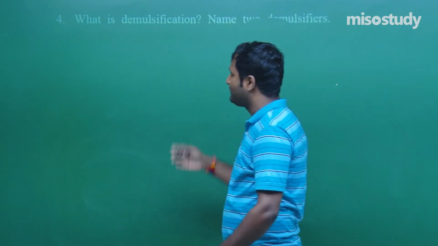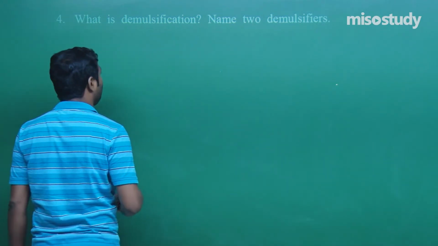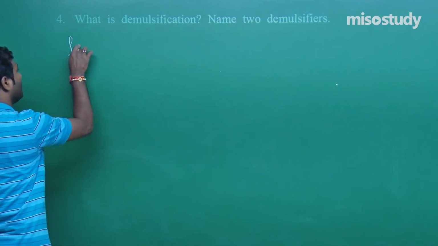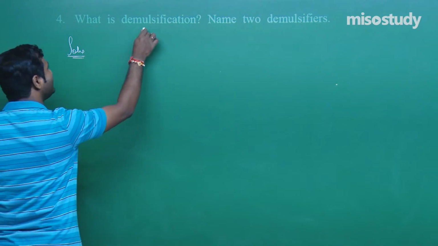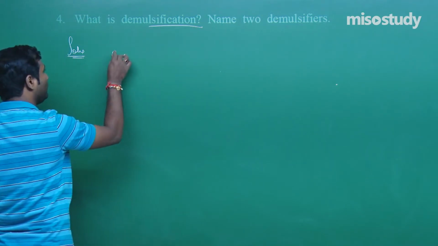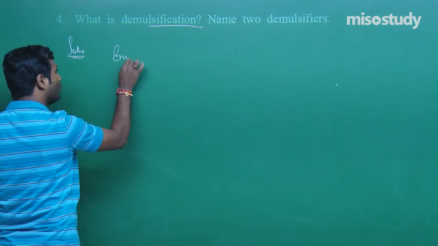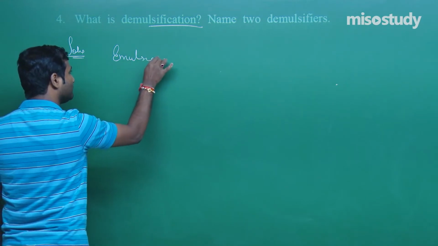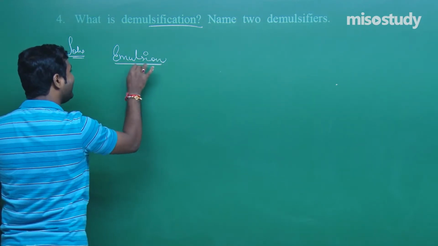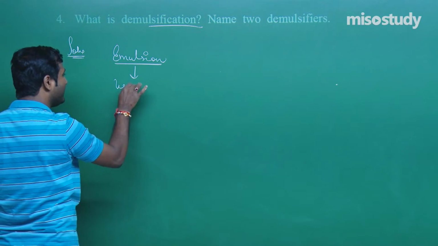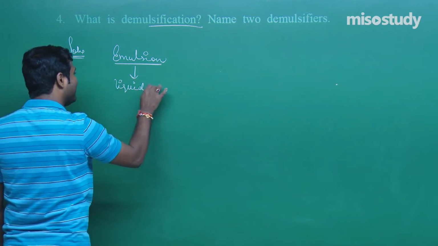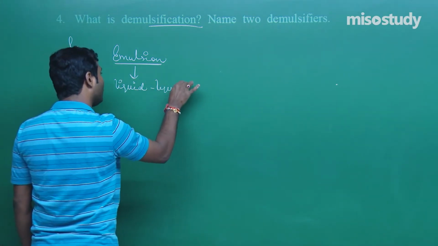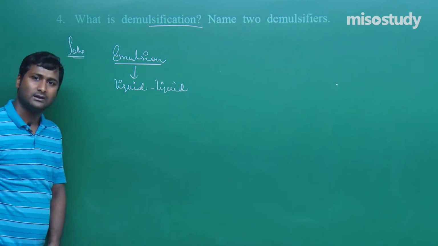Now, what is demulsification? As we know, if I talk about emulsion, emulsion is a liquid-liquid colloid. It is the colloidal sol of liquid in liquid. Clear to you?